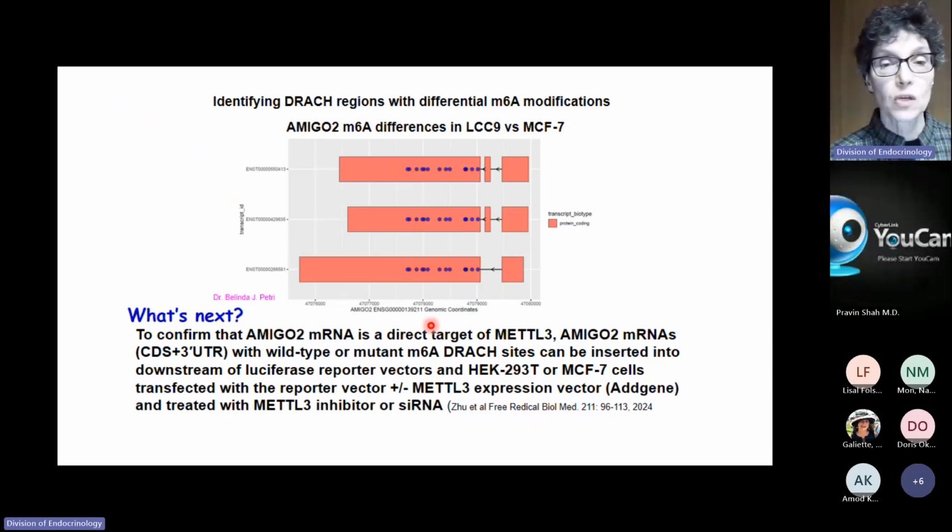Transfect HEK293T or MCF7 cells with this reporter containing the AMIGO2 sequences in it, and then I can transfect the cells with a METTL3 expression vector and look at stability of the transcript itself, and look at luciferase activity as an assay.